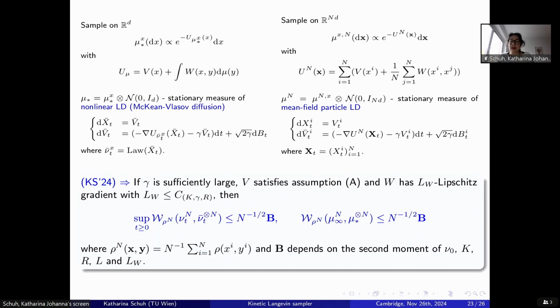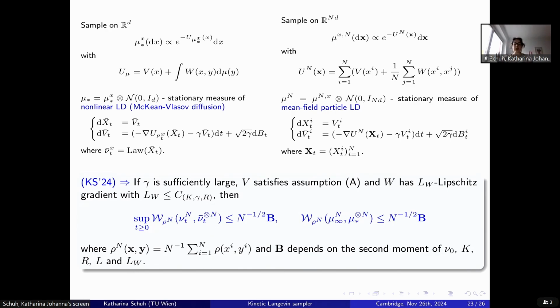And then moreover, we want that W, this interaction part, is also Lipschitz continuous, but here the Lipschitz constant has to be quite restrictive in comparison to the other quantities, so in comparison to actually not K, but kappa, gamma, and R.